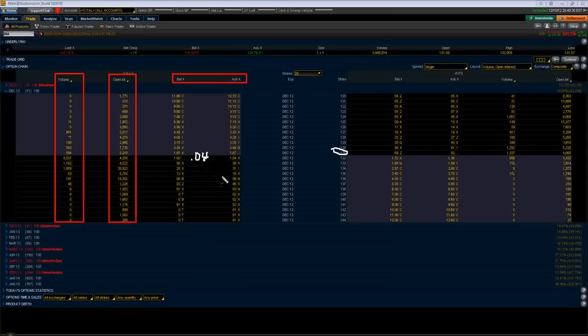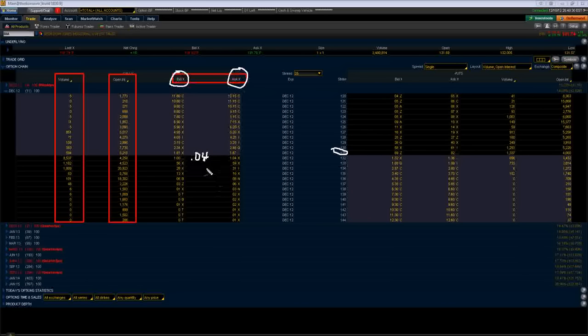But what this means is when you buy an option contract, you are buying at the ask. It's called the natural, meaning this is the natural market price of this option contract at this strike price. If you're selling that option contract, you're selling at the bid, or $1.